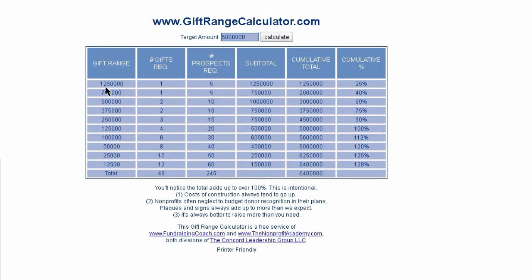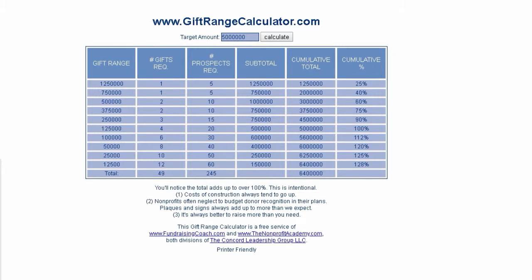You might want one gift of $1.25 million and one gift of $750,000. Each of those gifts requiring 5 prospects, because not everybody is going to say yes, but some of the people that say no to this gift may say yes to one of these. And you'll see how many total gifts in each of these ranges it might be required to raise $5 million in a capital campaign.